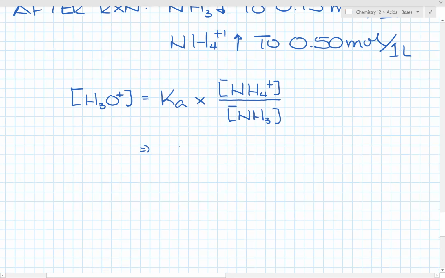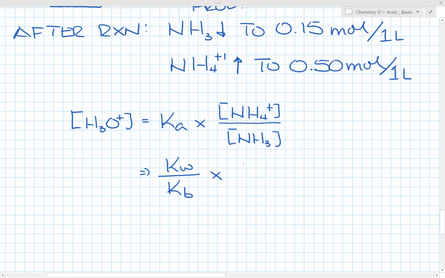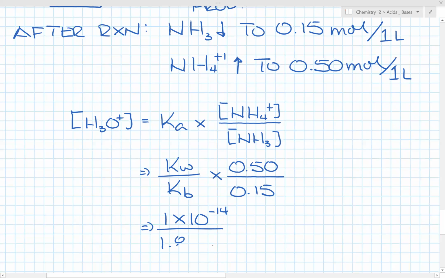Would be Kw over Kb times, in this case, 0.50 all over 0.15. I'm wondering if I have another wrong answer, but we'll figure that out. Over 1.8 times 10 to negative 5 times 0.50 all over 0.15.